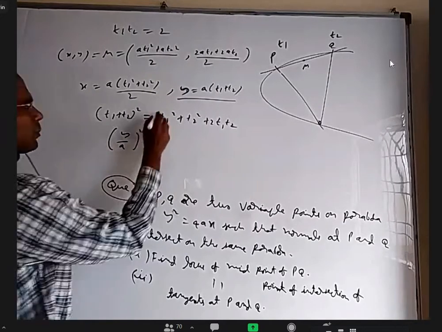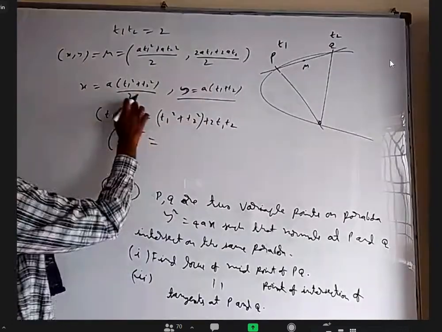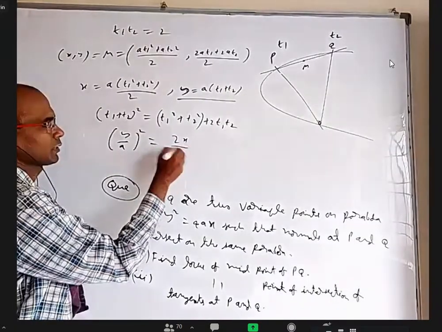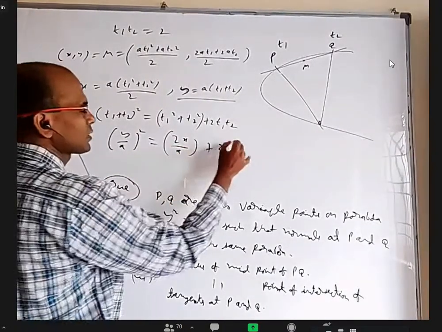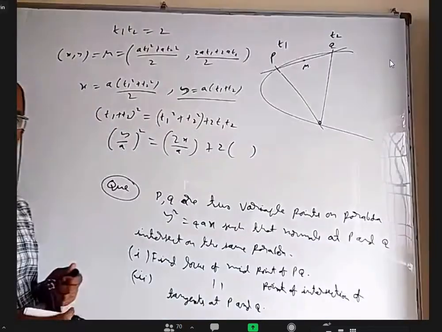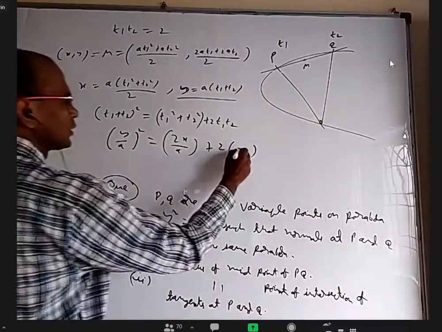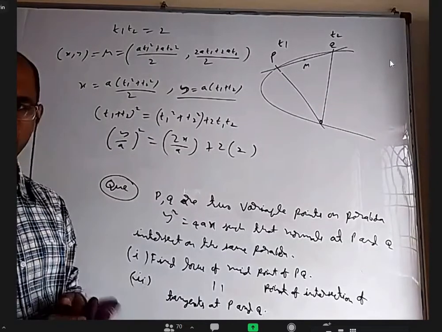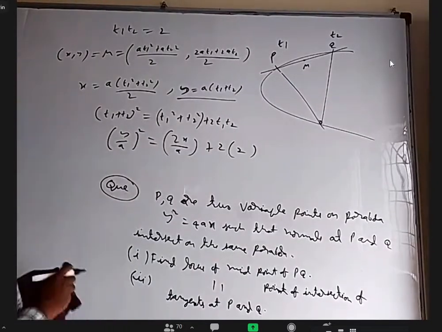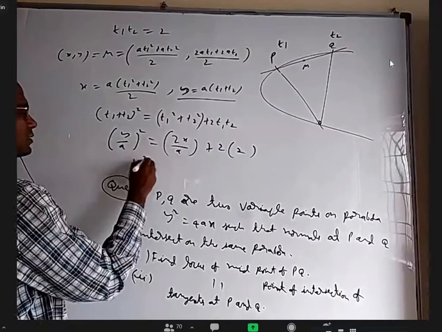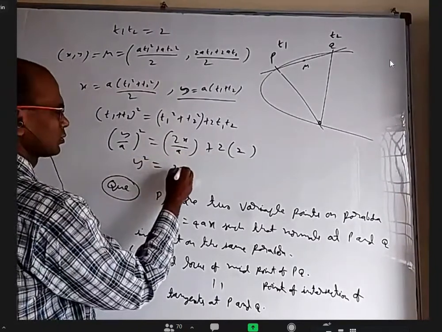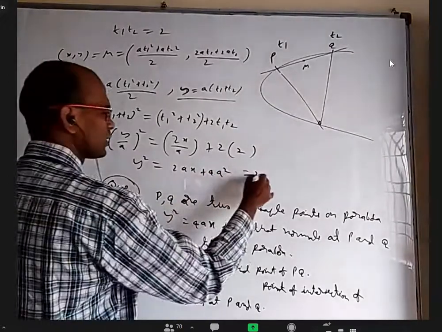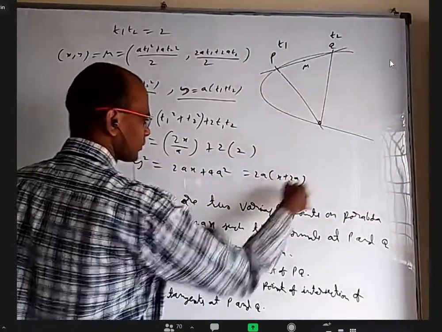Okay. In the place of T1 square plus T2 square, using this, what can I write? 2x by a, sir. And in the place of T1 T2, what can I write? 2, sir. So T1, T2 are gone. We are able to find an algebraic relation between x and y, right? Yes, sir. Okay. So simplifying, y square equal to 2ax plus 4a square, that is 2a into (x plus 2a).